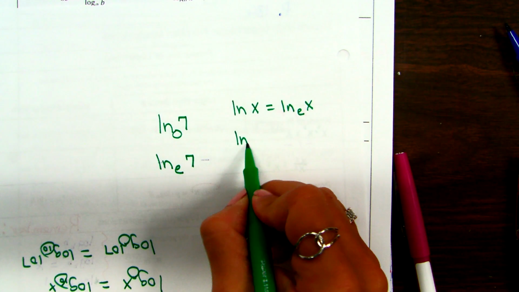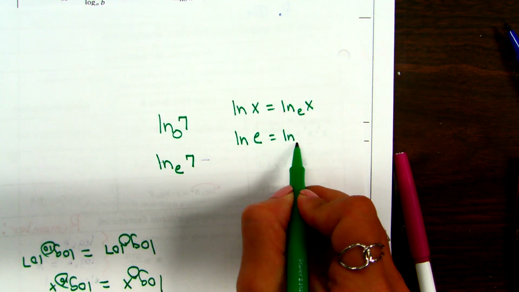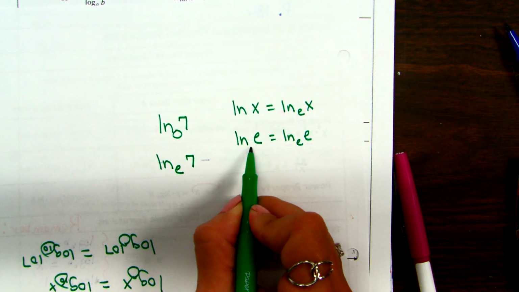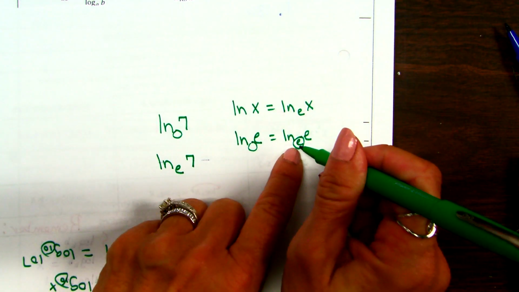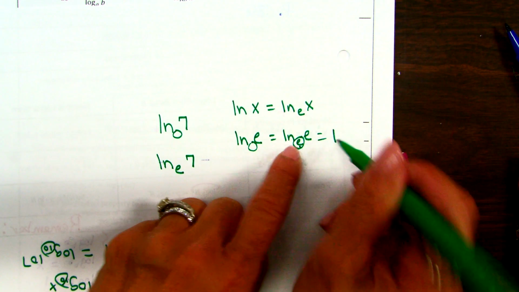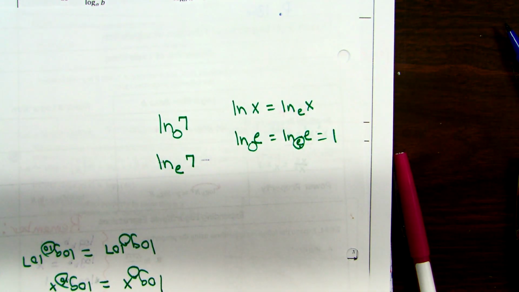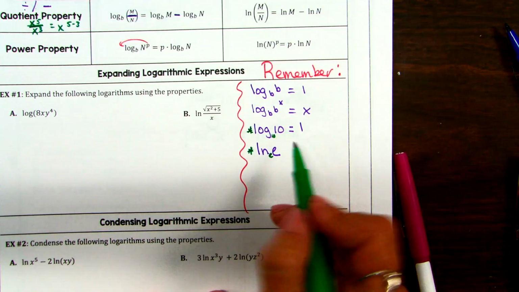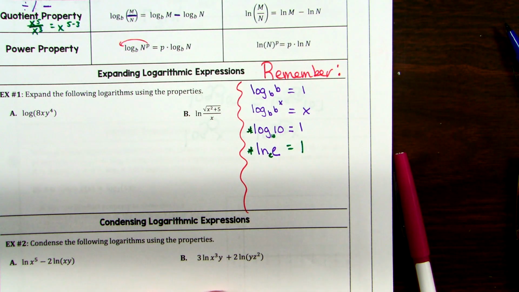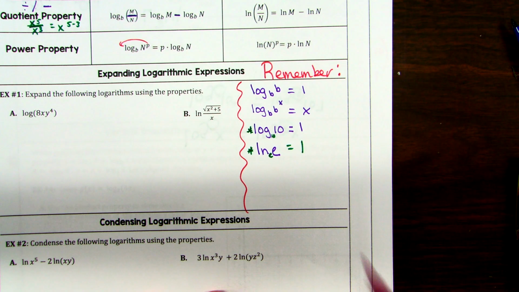So natural log of e is natural log base e of e. Even though it's not written there, we know it's there. So whenever you have the same numbers or letters here, it always simplifies to 1, right? We got that? It's super important. You see it all the time, okay? So that equals 1.